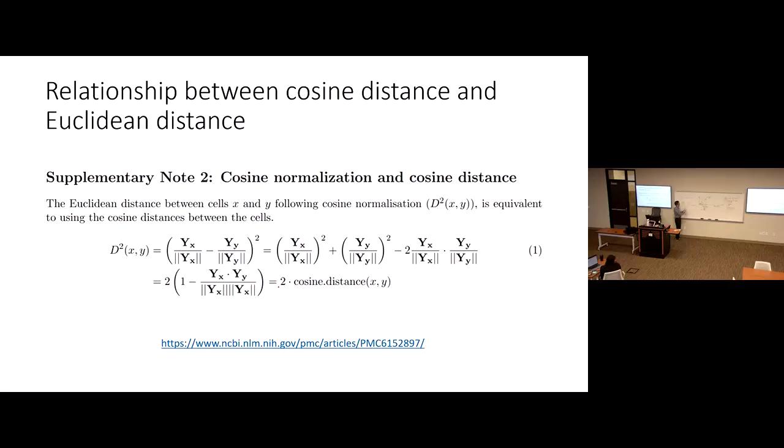In this way, you have just a dot product between two unit vectors. That's what cosine distance similarity is about. If you consider the Euclidean distance between these two, it is 2 times this cosine distance. So there's a relationship between them if you normalize.